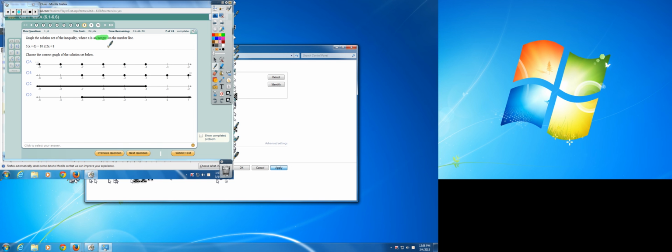So 5 times x is 5x plus 30 minus 10 is less than or equal to 2x plus 8.